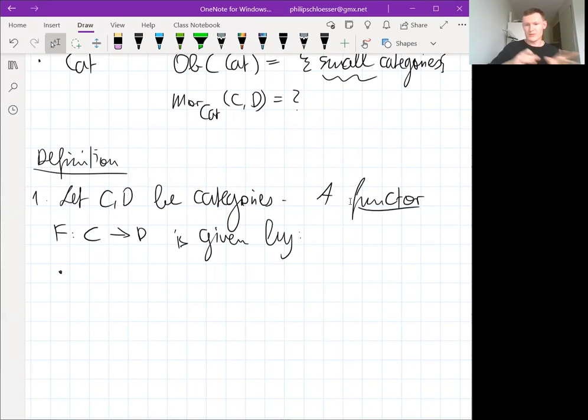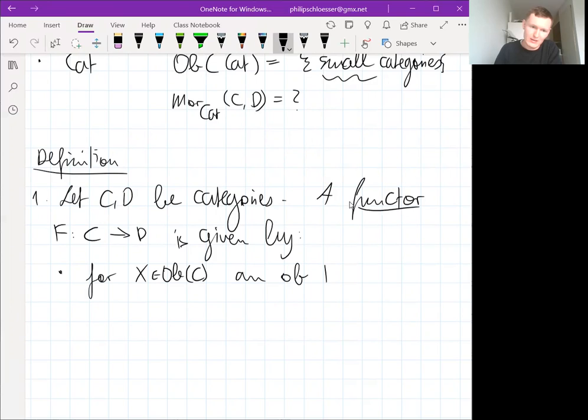Namely, we have to do something with the objects and something with the morphisms. So for each object x, we have to have an object F(x) that is now an object of D.